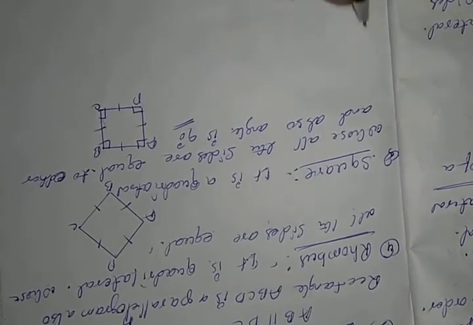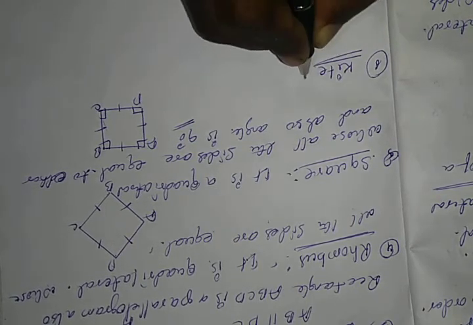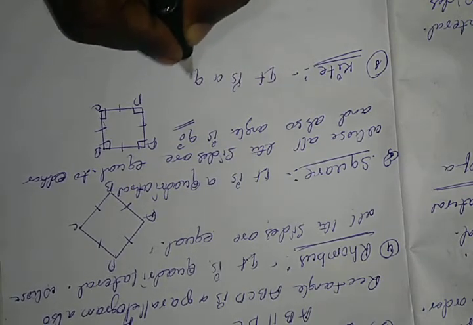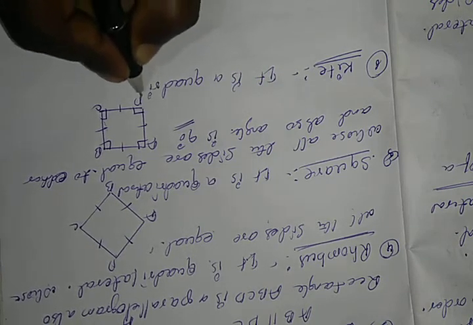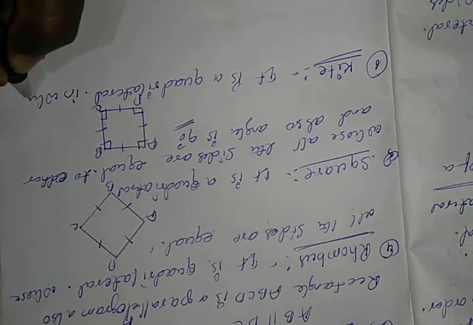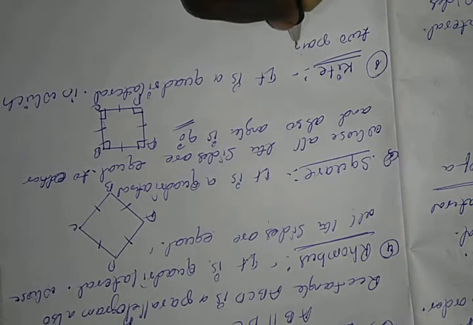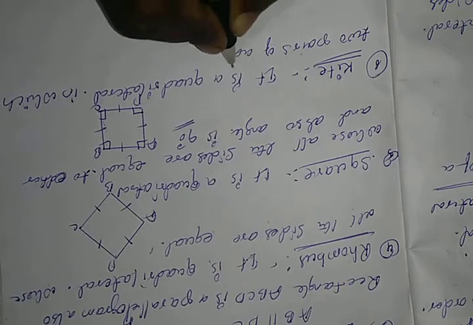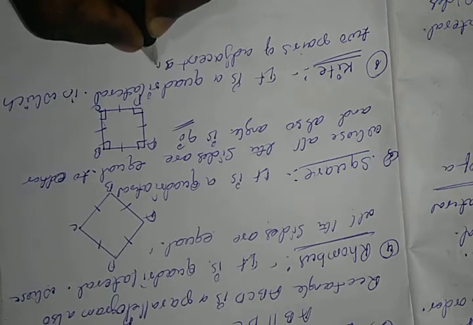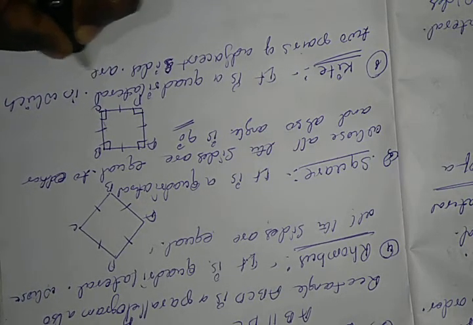And the next one is kite. So kite, it is a quadrilateral in which two pairs of adjacent sides, not opposite, it is adjacent sides, two pairs of adjacent sides are equal.